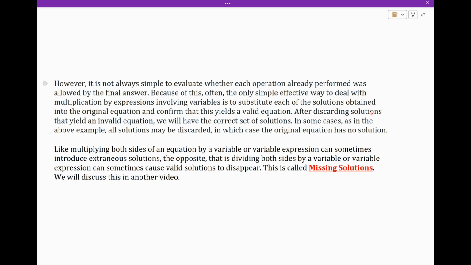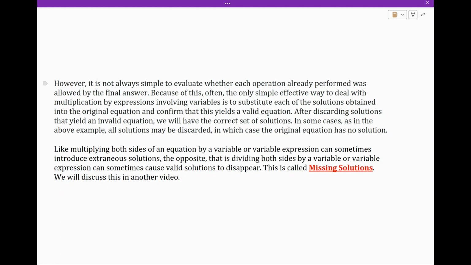After discarding the solutions that yield an invalid equation, we will have the correct set of solutions. In some cases, as in the above example, all solutions may be discarded, in which case the original equation has no solution.